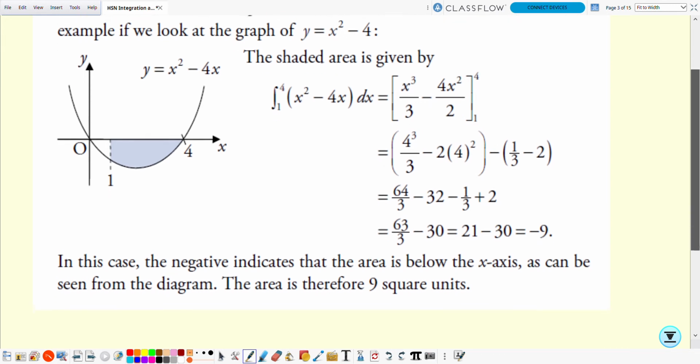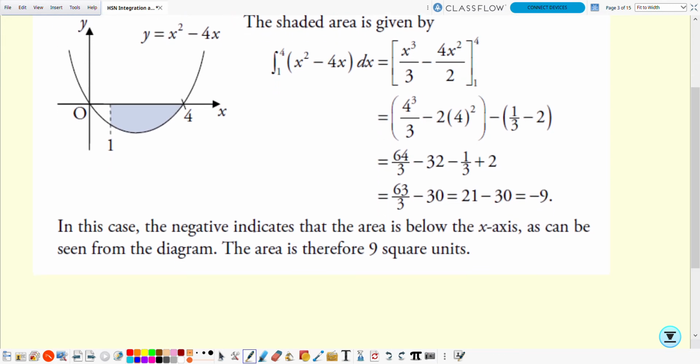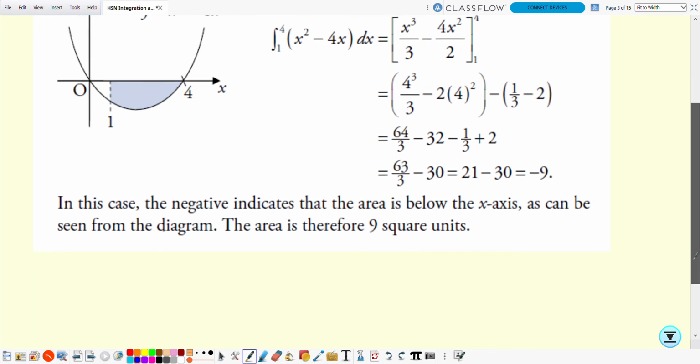And as we know, measurement can't be negative, so we'd have to say that the area is therefore the positive version of this, so 9 square units.